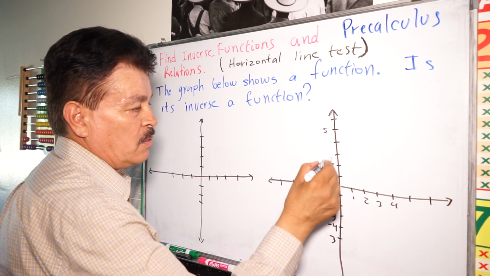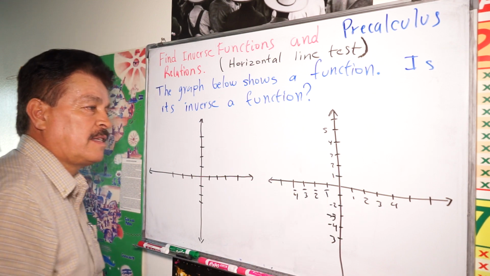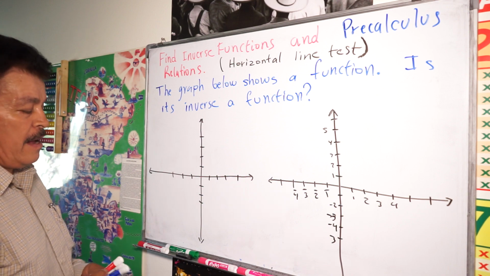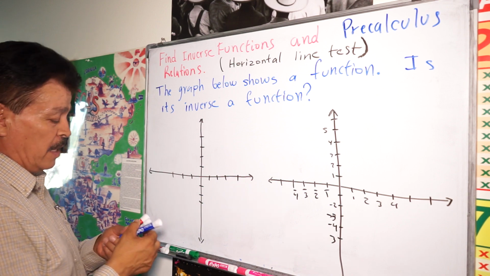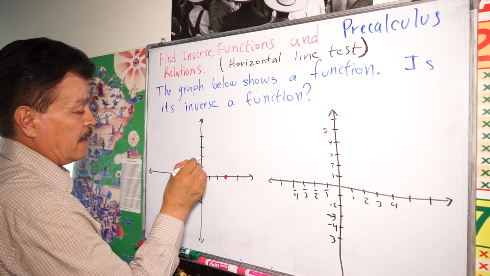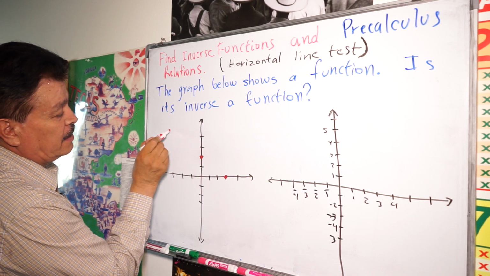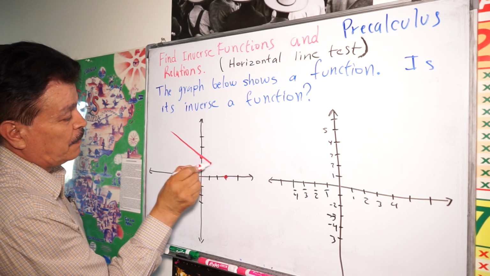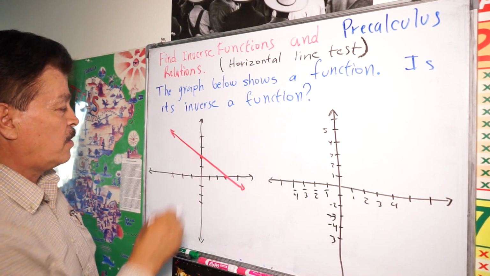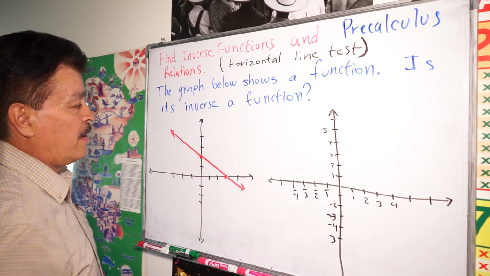So something like that, just to prove this. Let me draw one graph like this. This is a straight line. Okay, this is our graph.